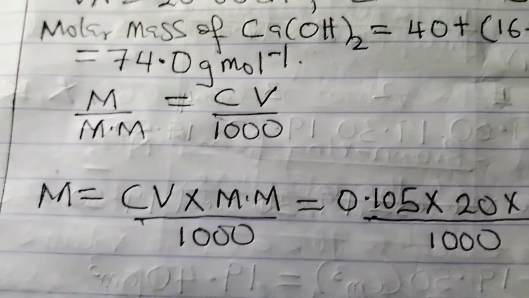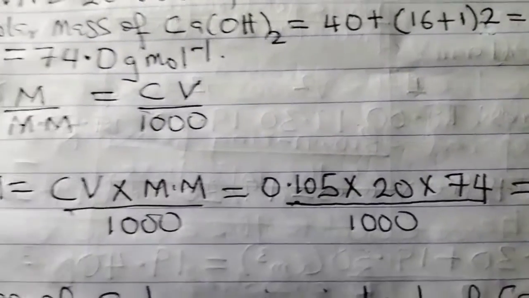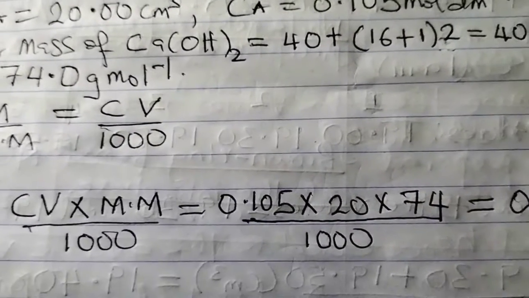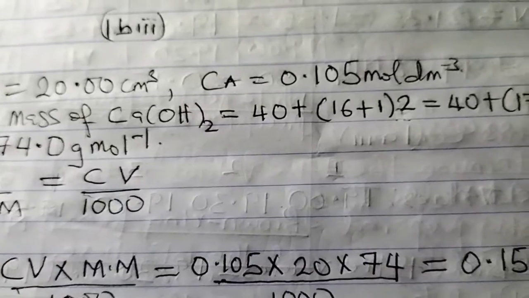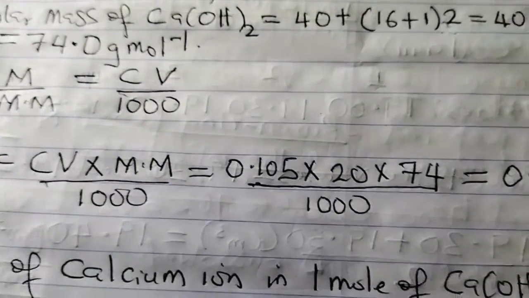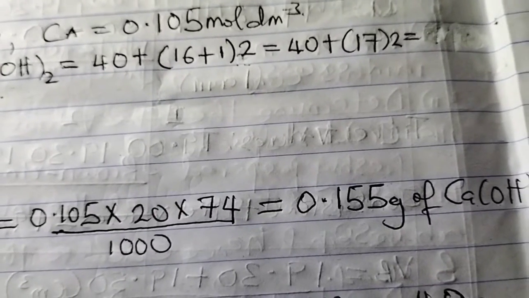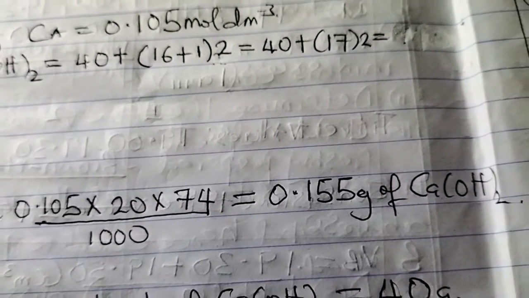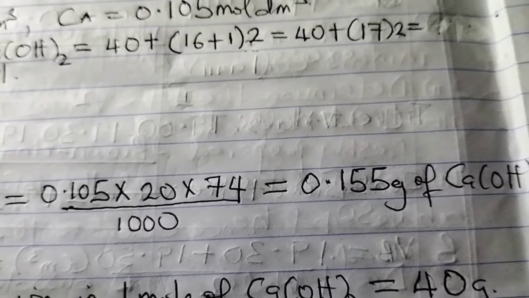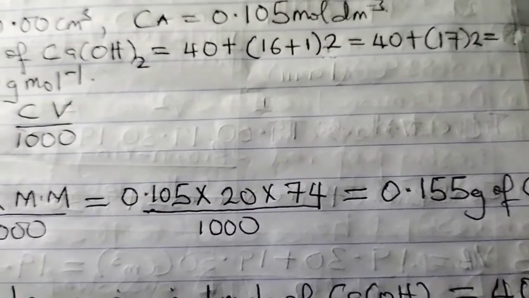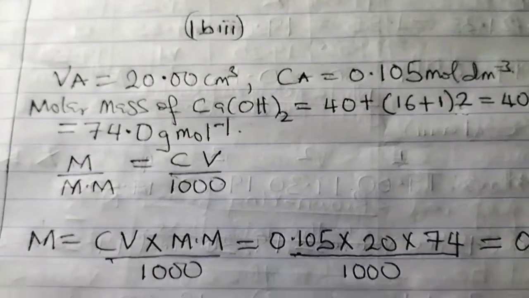Then substitute the values from the data given above: C is 0.105, volume 20, molar mass 74, all over 1000. Solving out, we have 0.155 gram of calcium hydroxide present in 20 cm cube of solution.